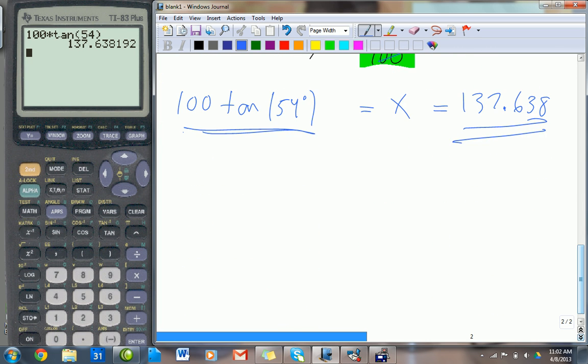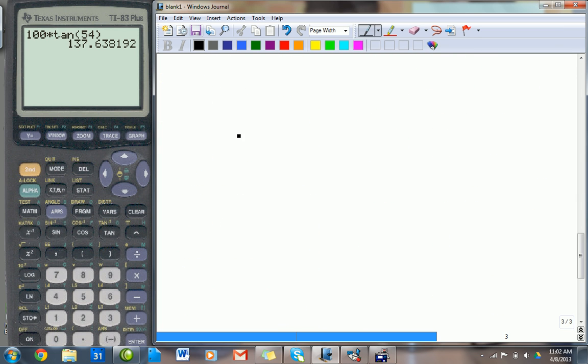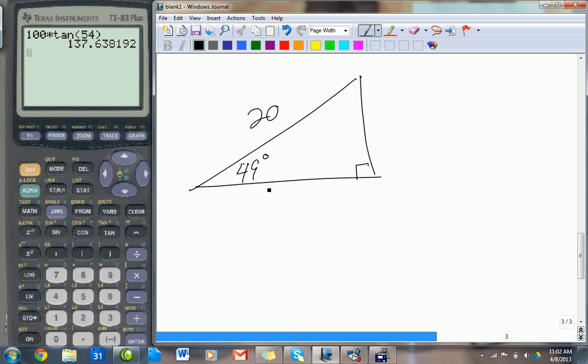All right, now I want you to consider this problem. Try this on your own. Let's say I have a right triangle, and this angle is not 30, it's not 60, it's not 45, but let's say it's 49 degrees. And let's say I know the hypotenuse is 20 feet, and I want you to find this side here.